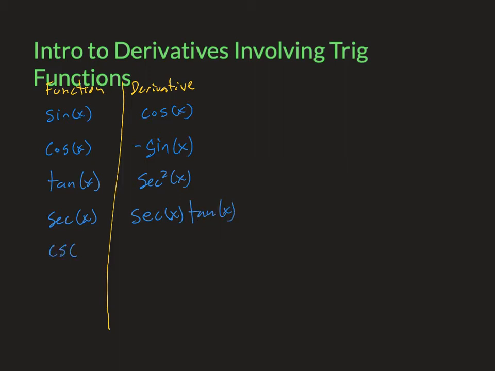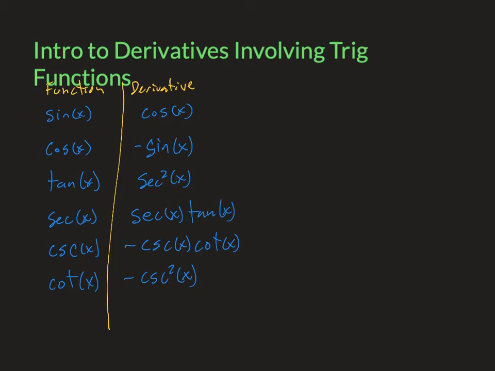Cosecant of x is negative cosecant of x, cotangent of x. And then finally, the cotangent of x is negative cosecant squared of x. And you were introduced to these formulas in another video.